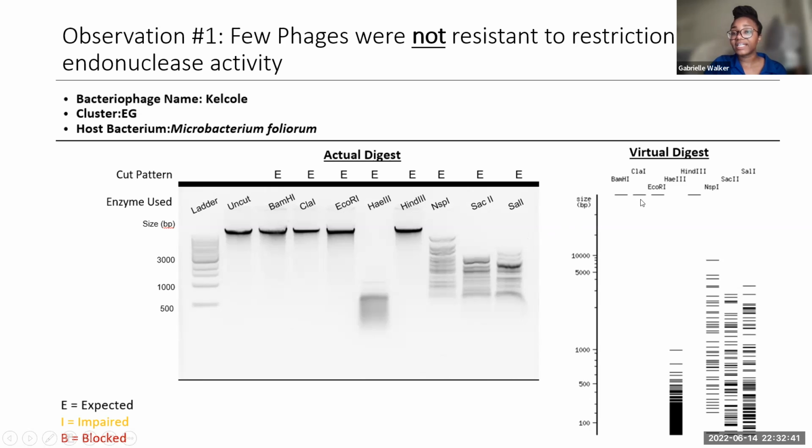Looking at the virtual digest, you see that BamHI, ClaI, EcoRI, and HindIII all did not cut this genome due to the fact that this genome did not have the recognition sites for these enzymes, and this is reflected on the actual digest. You can also note that HeyIII, NspI, SacII, and SalI all had patterns for their enzymes, and these patterns are also reflected on the actual digest.